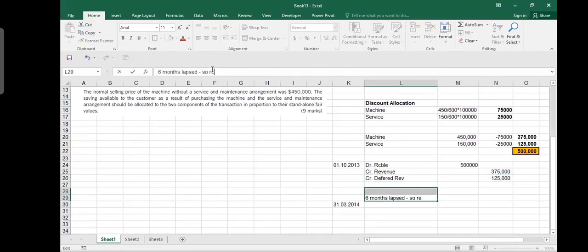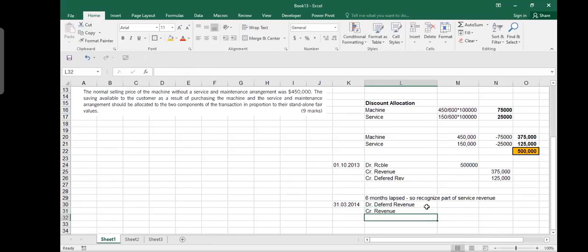So recognize part of the service revenue. You should be saying debit deferred revenue and credit revenue. So now I'm crediting revenue again, a little bit of revenue I'm taking in.